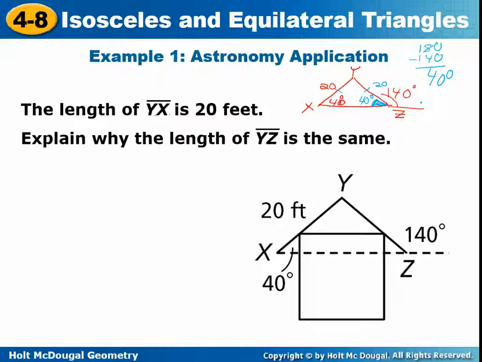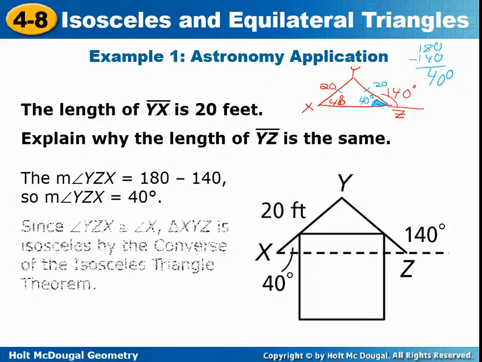Do you remember why? It was the converse of the isosceles triangle theorem. If you're given, or if you can find, that the base angles are congruent, then you know that the lengths of the sides opposite them are the same by the converse of the isosceles triangle theorem.